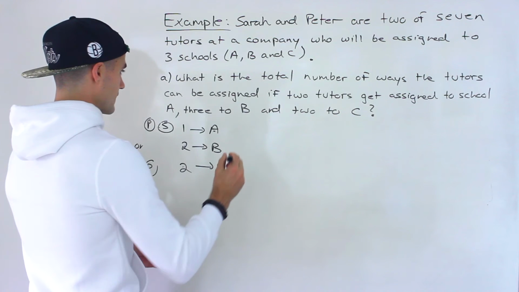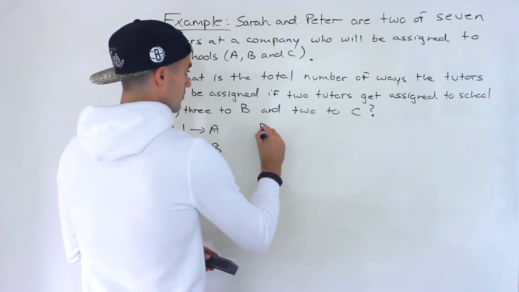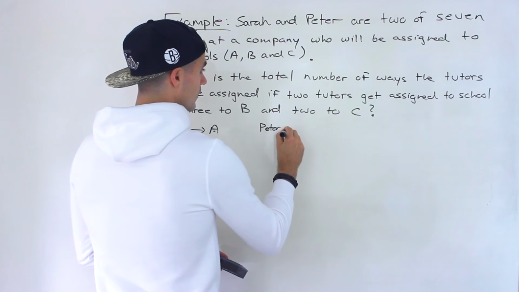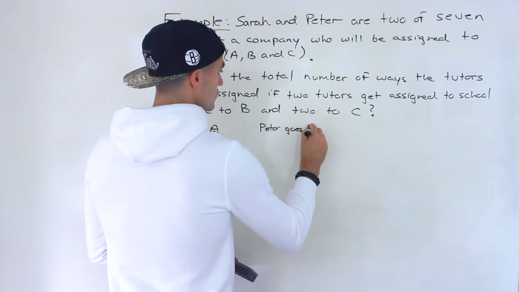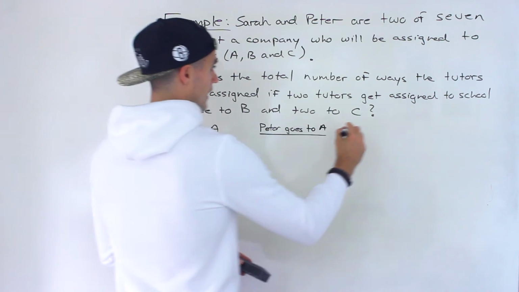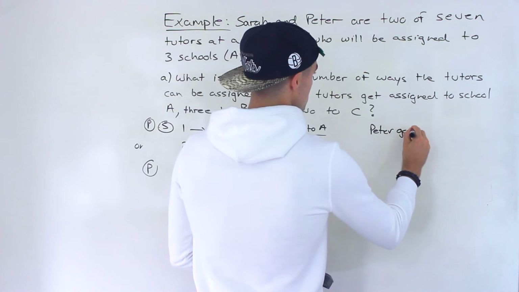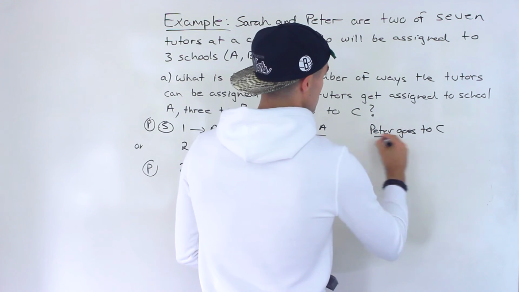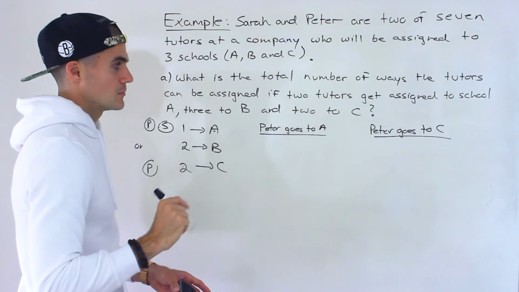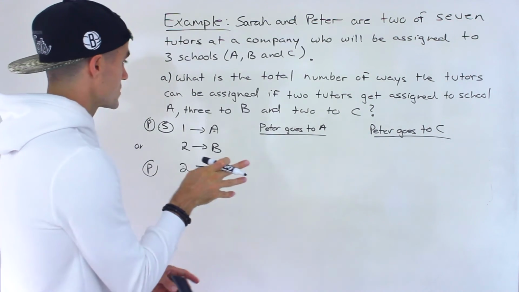So we're going to have to look at the case where Peter goes to A, and then we're going to have to look at the case where Peter goes to C, because it's either one of those. Sarah for sure is going to A, but Peter can either go to A or C.